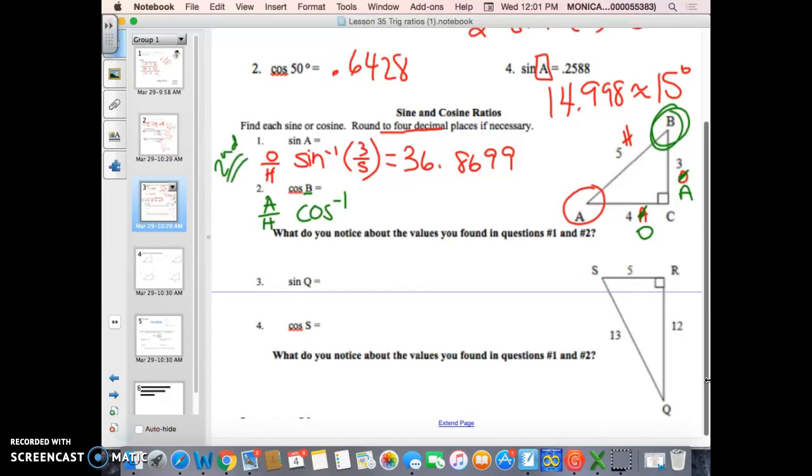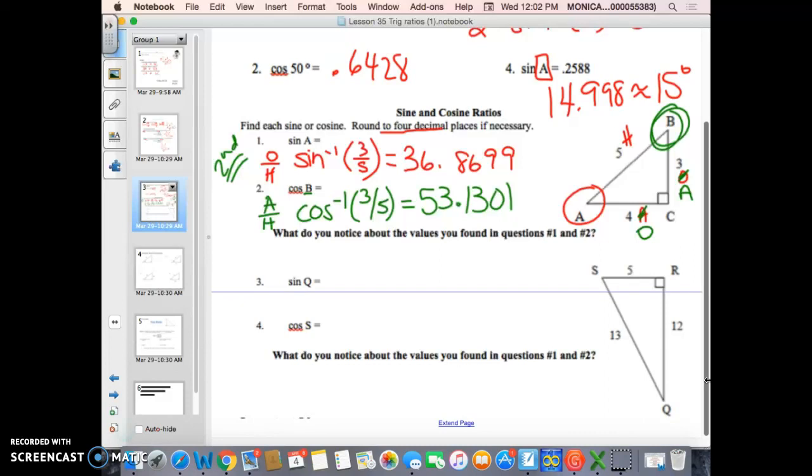And this is going to be 3 over 5 again. And that equals 53.1301. Now what's cool is you should notice that this is a 90-degree angle, a 90-degree triangle.